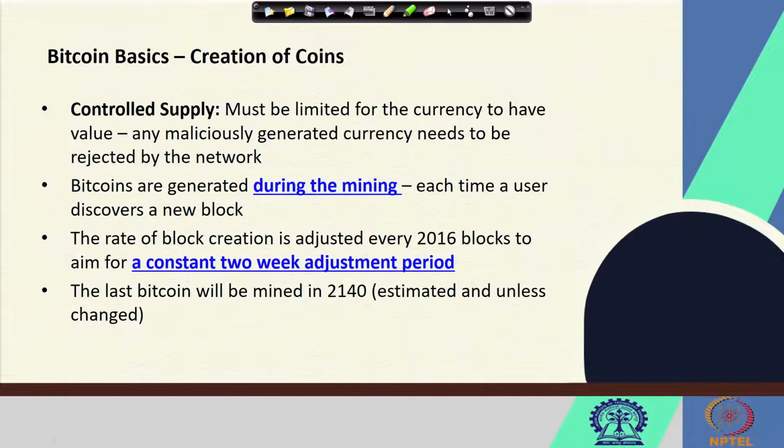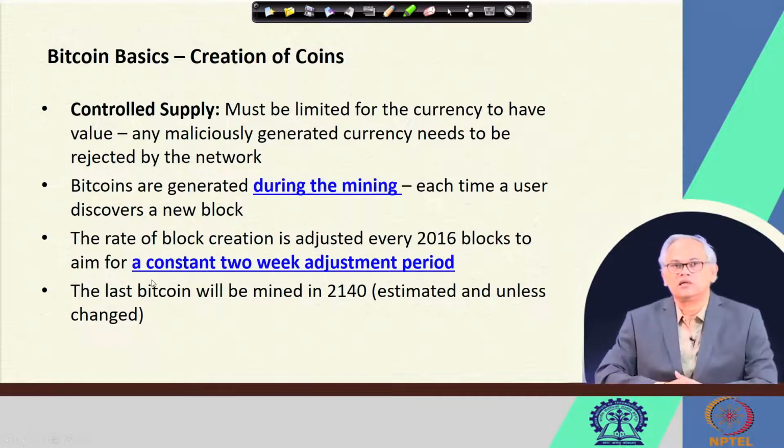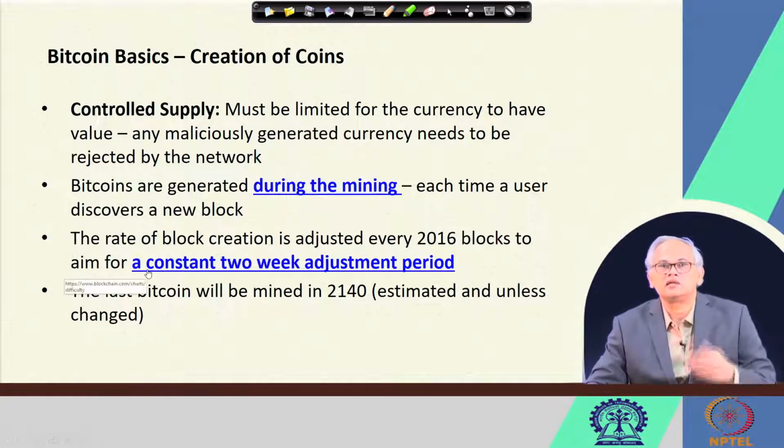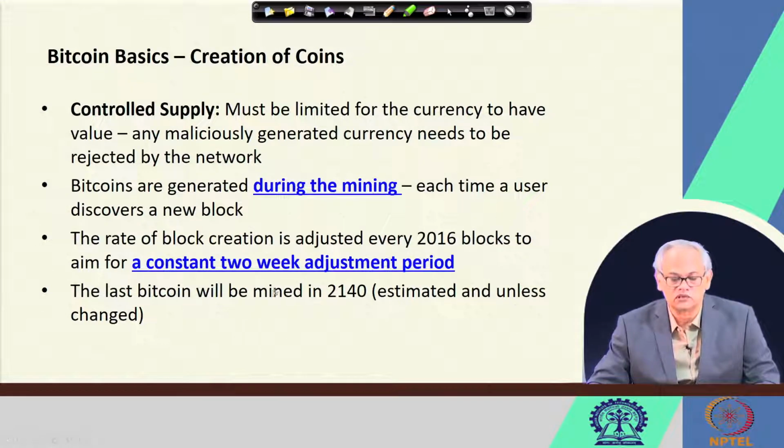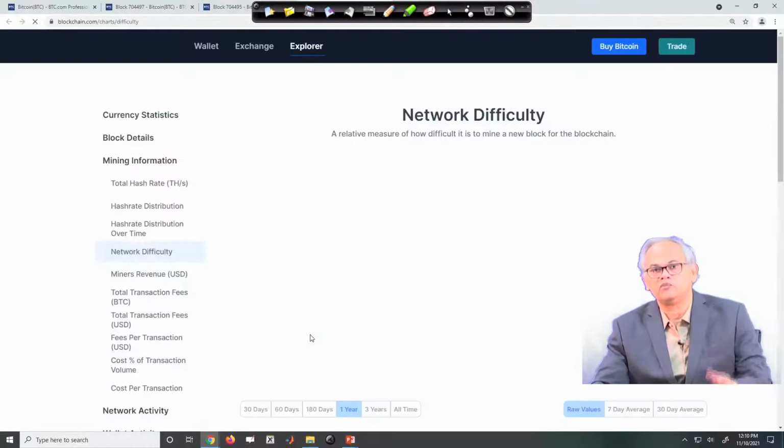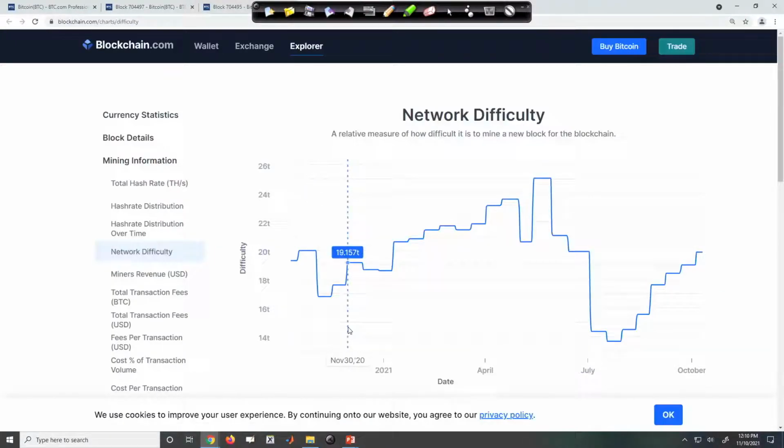So, that means that there should be some way that this is adjusted, and there is this adjustment for every 2016 blocks, which takes about 2 weeks to mine; you can calculate simply by 10 minutes and so on. And then this network difficulty level, which is in terms of the number of leading zeros, has changed over the years and months, and usually it has been increasing.